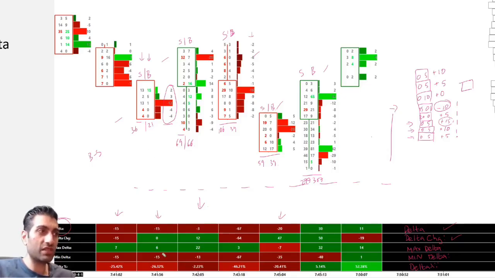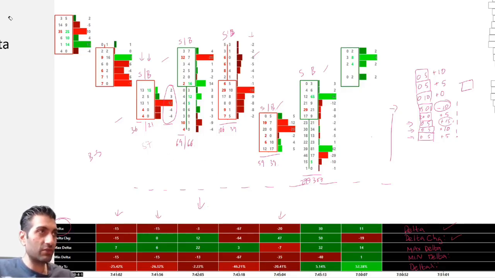What all this is looking at as a percentage is who was stronger in terms of buying and selling. So what was the total number of contracts traded in this candle? It was 36 plus 21, right? 57. Let me just make this a bit thicker.